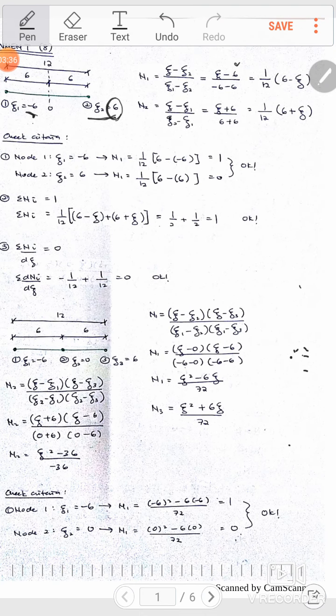After that, I got this equation after substituting my values and simplifying.